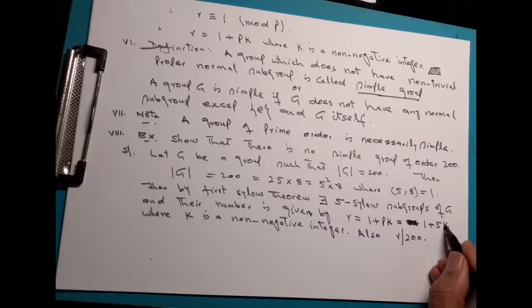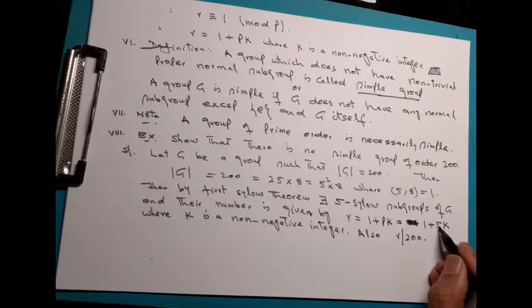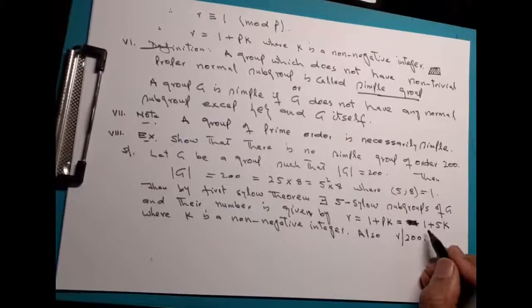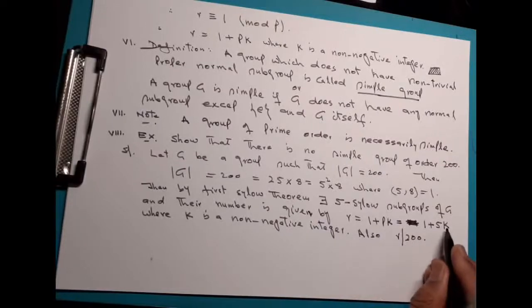Put k equal to 3, this is 16, and 16 cannot divide 200 as well. If you put k equal to 4, this becomes 21, and 21 cannot divide 200. So the only way R divides 200 is that k is equal to 0.